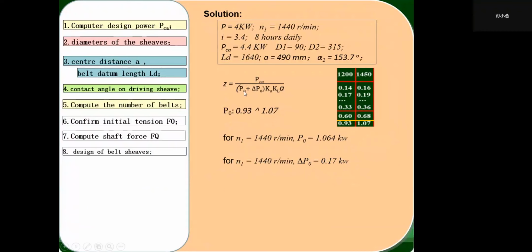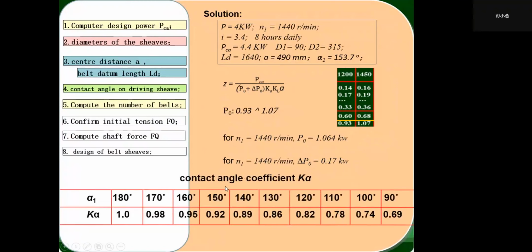So we load P0 and delta P0 and then choose K alpha and KL. For the contact angle coefficient K alpha, this is the alpha 1.